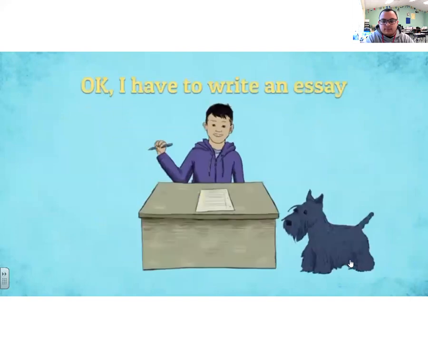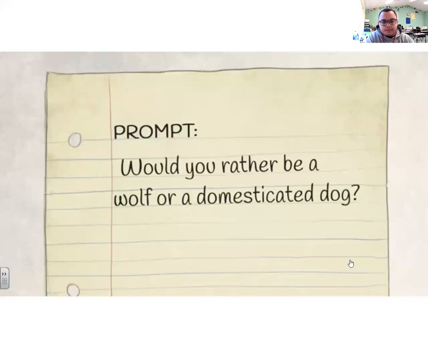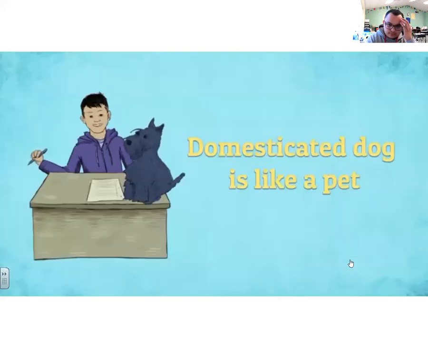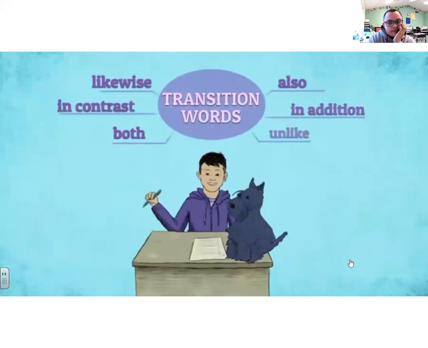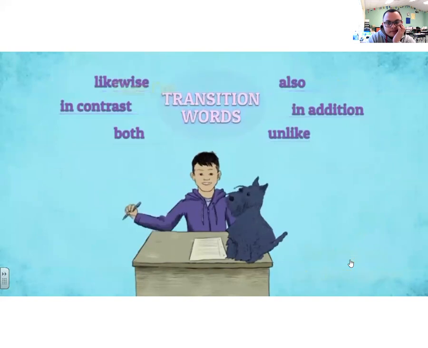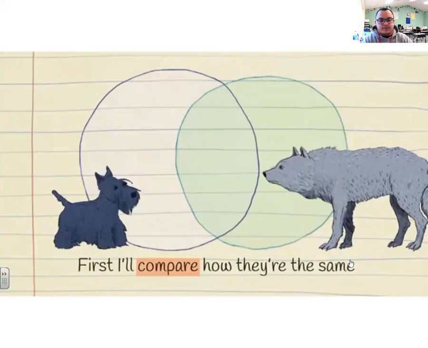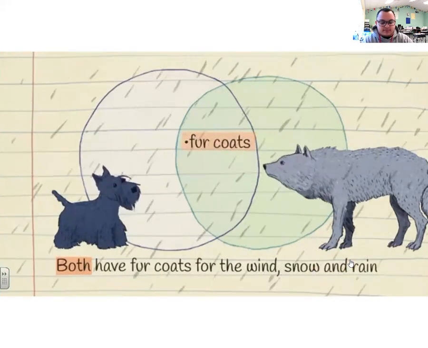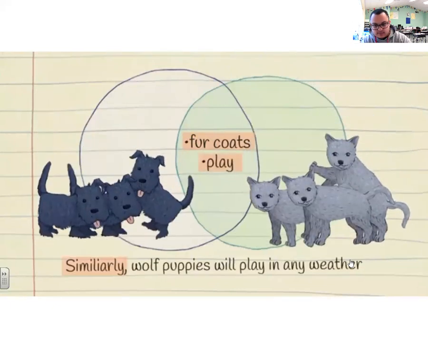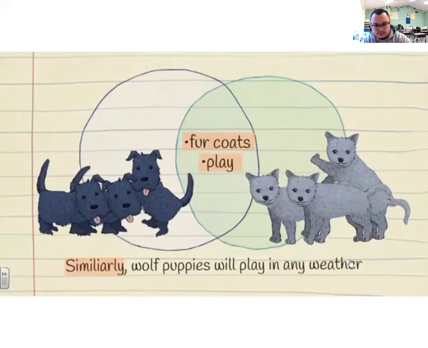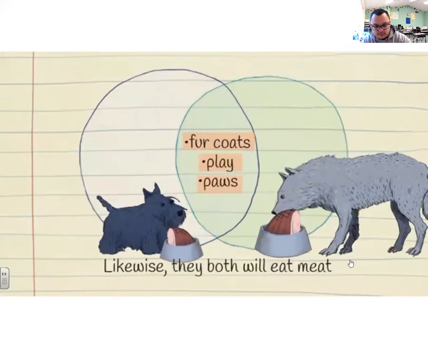You get it? Okay, I have to write an essay. Here's the prompt. Would you rather be a wolf or a domesticated dog? Domesticated dog is like a pet. I'ma compare and contrast. That'll help me pick. I use transition words to help my readers know that I'm comparing and contrasting. Here we go. First, I'll compare how they're the same. Both have fur coats for the wind, snow, and rain. Domesticated dogs love to play together. Similarly, wolf puppies will play in any weather. Pet dogs have paws. Wolves do as well. Likewise, they both will eat meat.